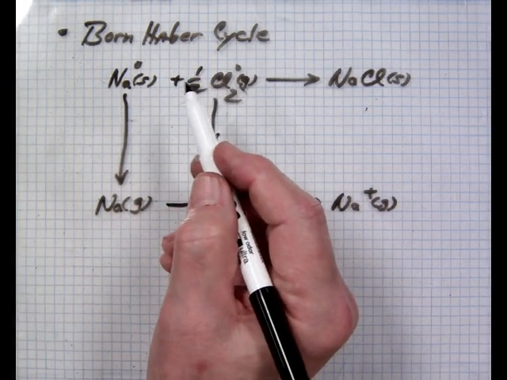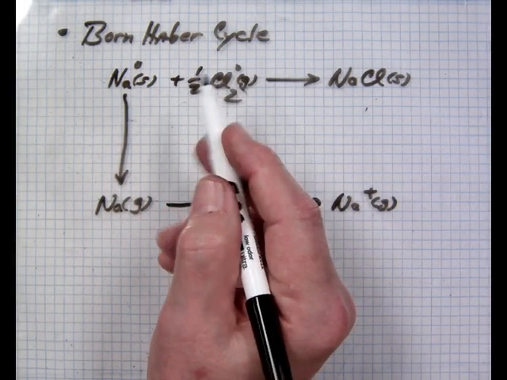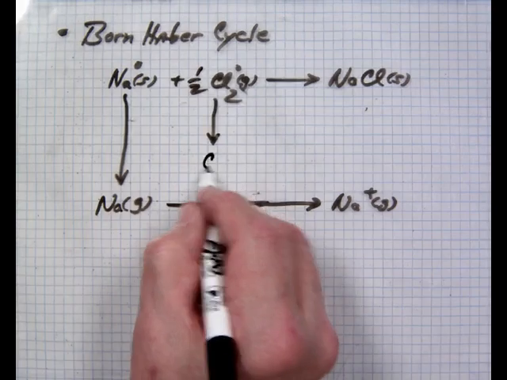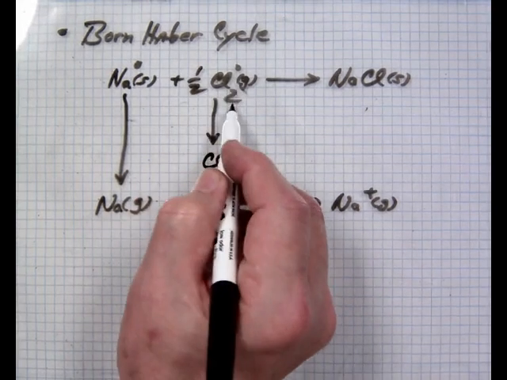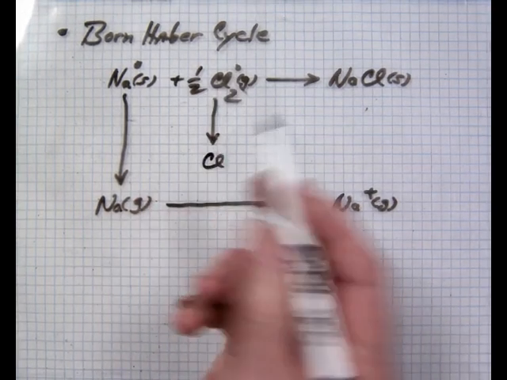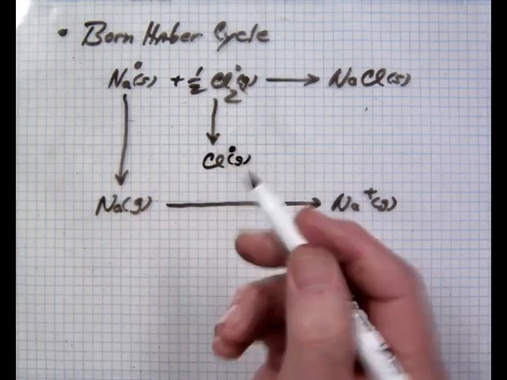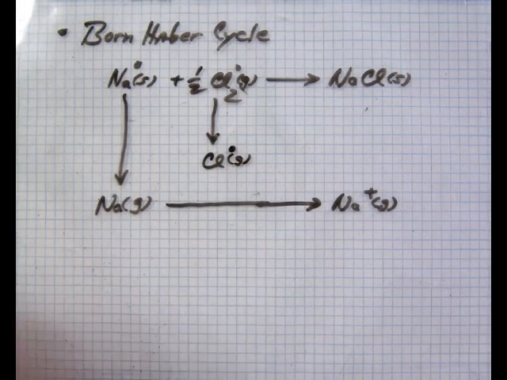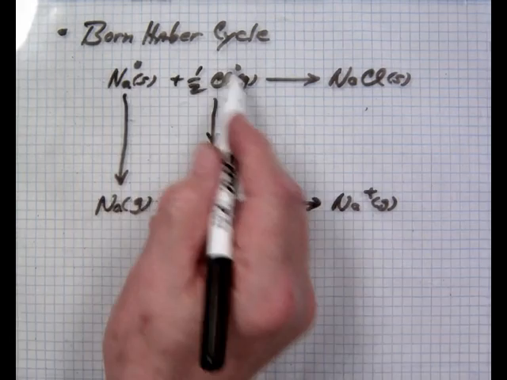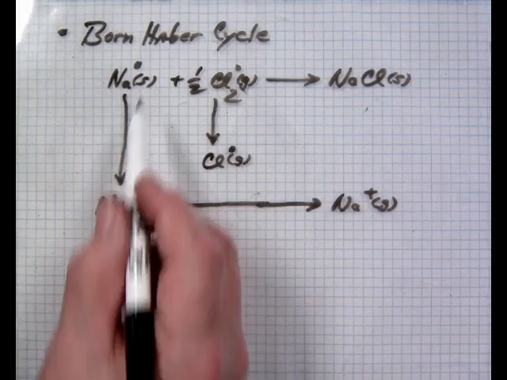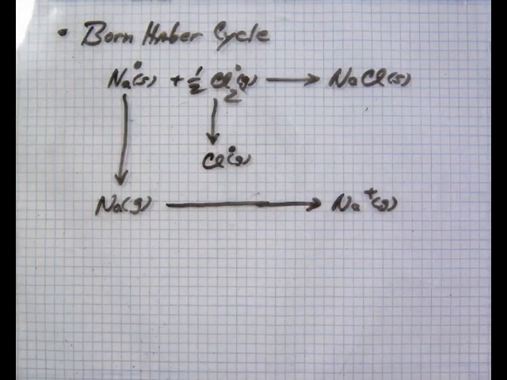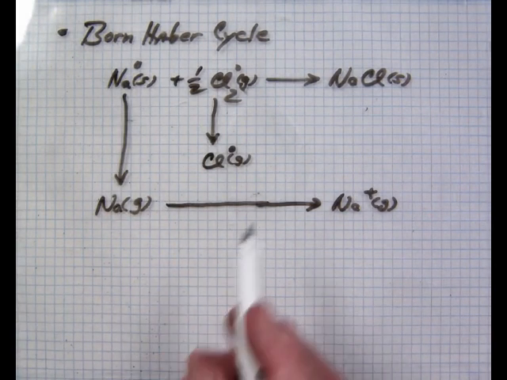You remember delta HF is 0 for a basic element standard state. But when you put it into the gas phase, 1/2 mole of Cl2 is just 1 Cl, so we have Cl in the gas phase. That's going to have a higher energy than it has in the standard state. Sodium gas is going to have a higher energy than it has in the standard state. And I'll show you the numbers in a minute.